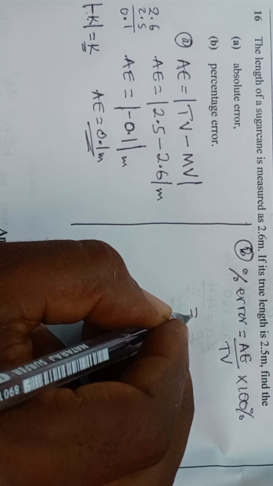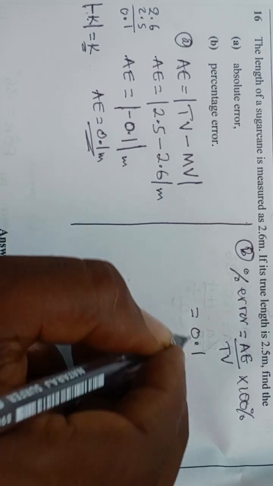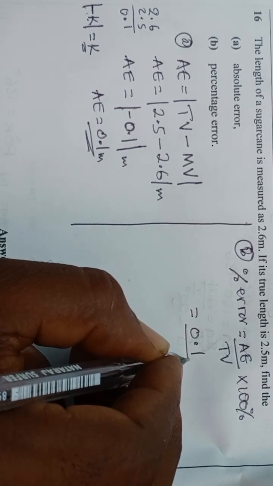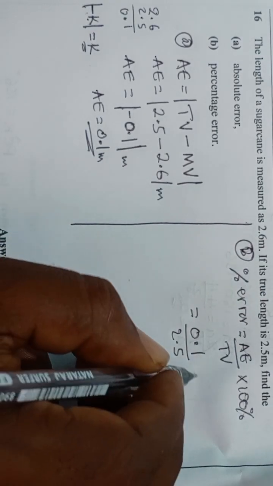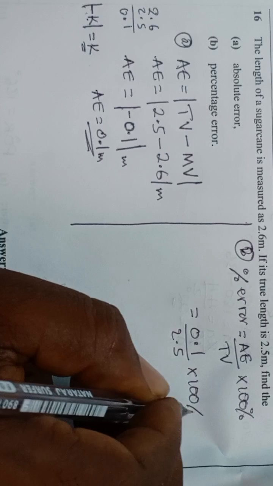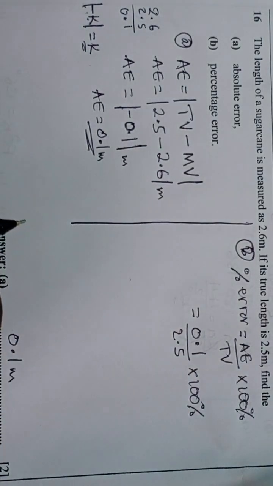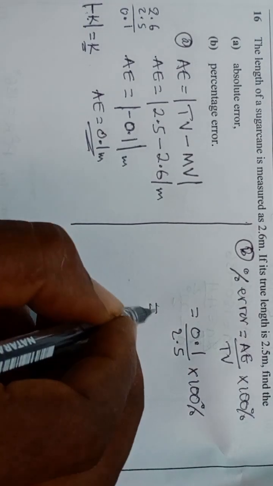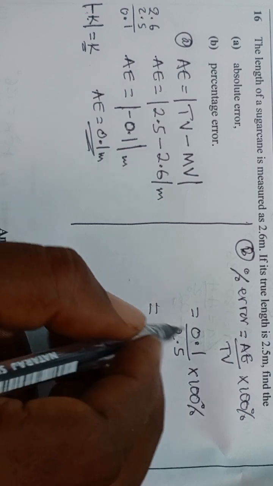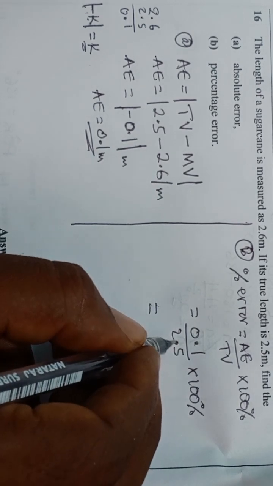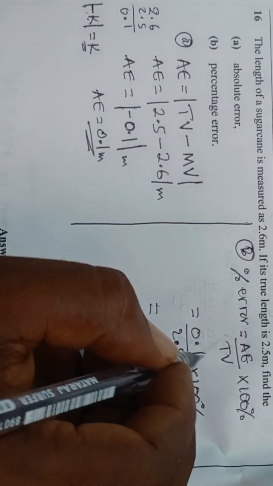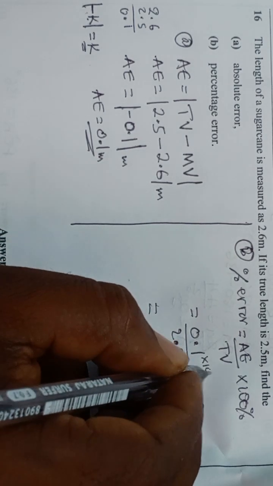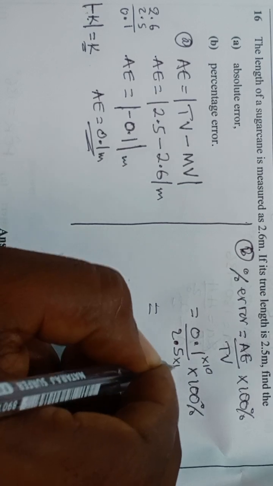So absolute error is 0.1 over true value is 2.5 times 100%. So from there, we have to get rid of the decimal point. The numerator is to 1 decimal place, so I'll say times 10. Even this one is to 1 decimal place, times 10.